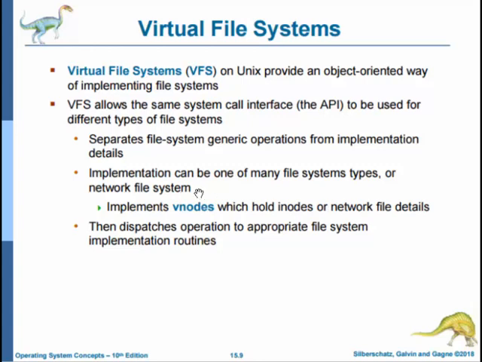The second function is that it provides a mechanism for uniquely representing a file throughout a network. And the VFS is based on a file representation structure called vnode. So the vnode is a node which holds the inodes, or network file details.